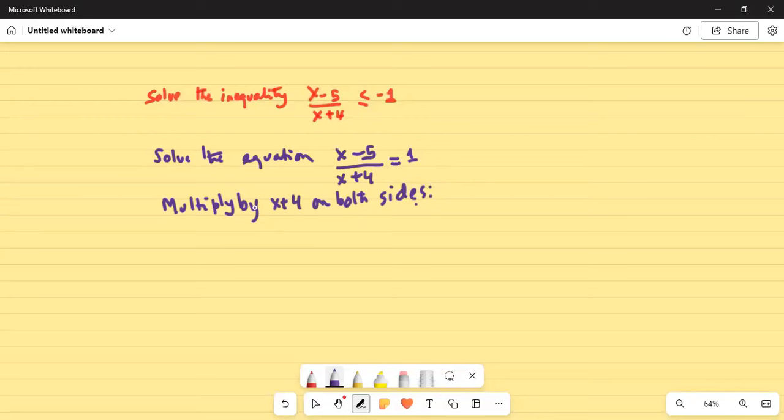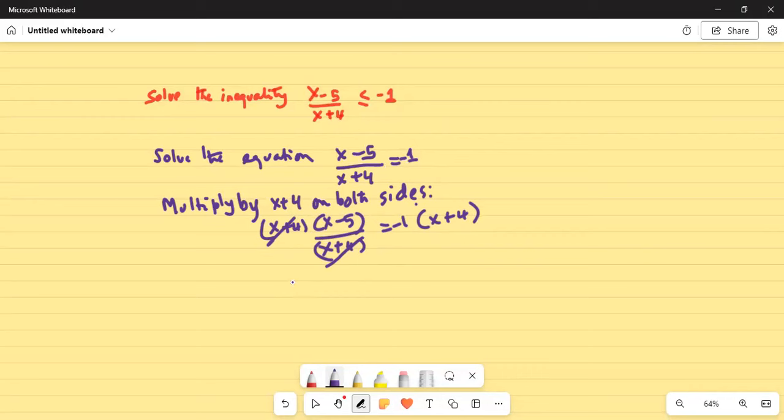We get (x + 4) multiplied by (x - 5)/(x + 4) is equal to 1 times (x + 4). So x + 4, that is equal to minus 1. I forgot that. Okay, x + 4 will cancel from the numerator and denominator on the left hand side.